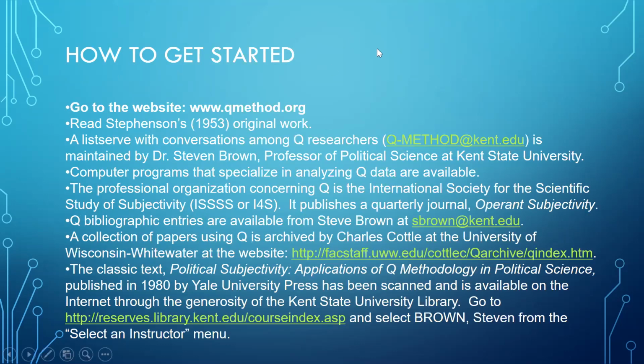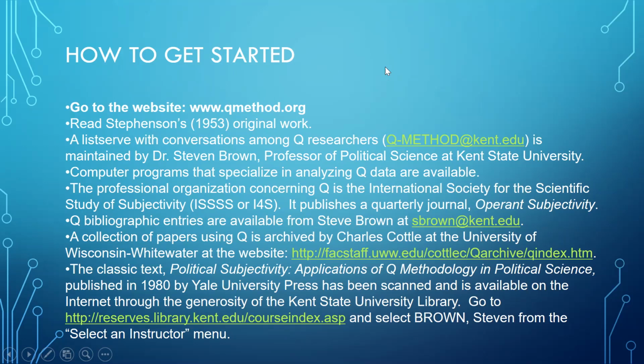So how to get started with Q methodology? Well, listening to someone talk about Q methodology and asking them questions, obviously that's a great way to get started. The website qmethod.org is the organization website for I4S, which is the International Society for the Scientific Study of Subjectivity.